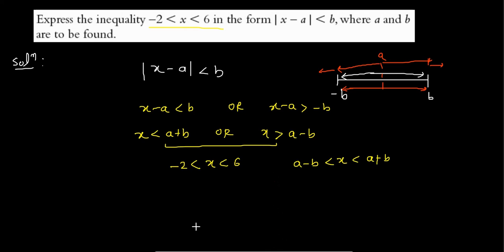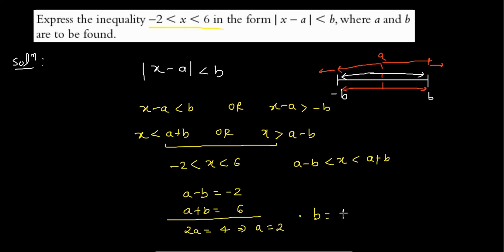I can write that a minus b has to be minus 2 and a plus b has to be 6. We can solve this: 2a is equal to 4, that means a is equal to 2 and b is equal to 4.